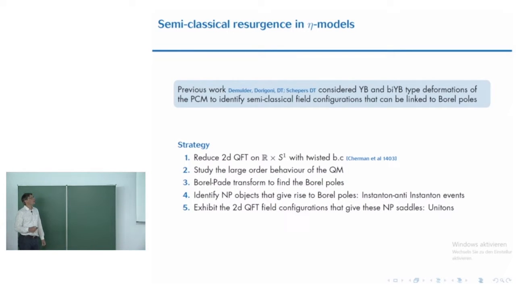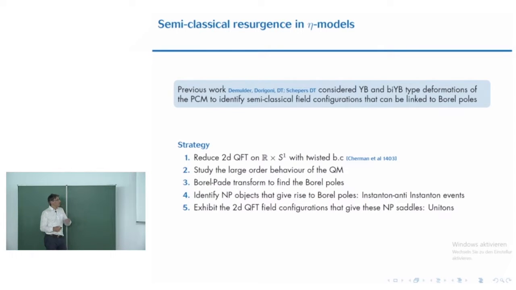Okay. So the strategy we're going to do here is we're going to try and find the equivalent of the instantons that can be related to these Borel poles. That's what our aim is. So to try and identify the classical saddles, or semi-classical saddles, that source the breakdown of perturbation theory.